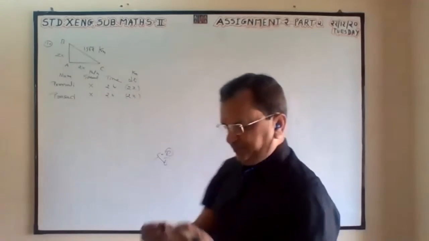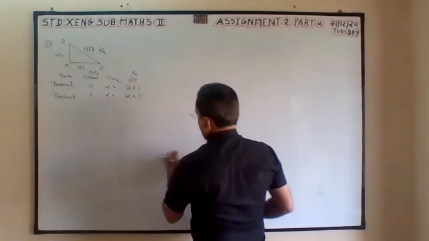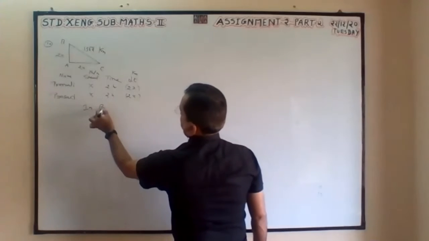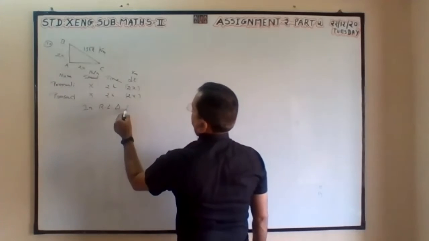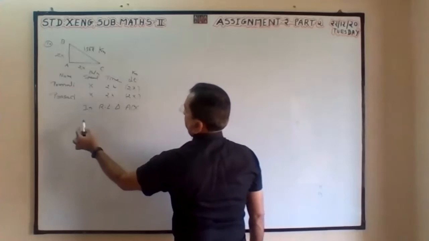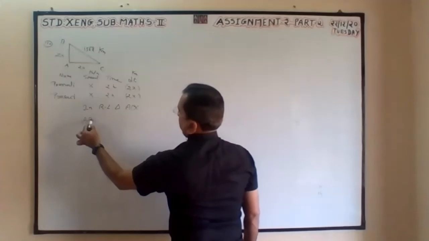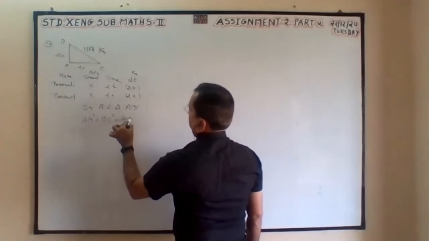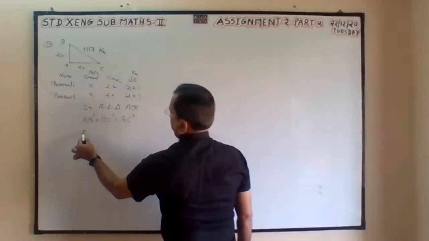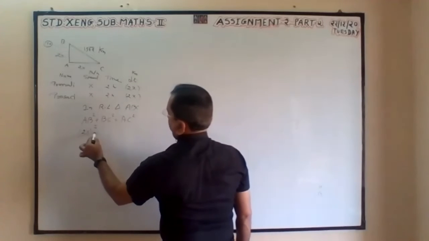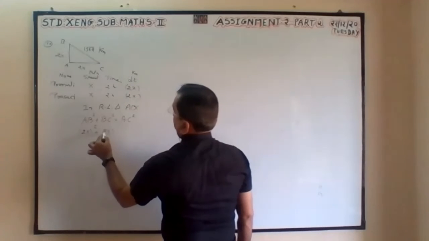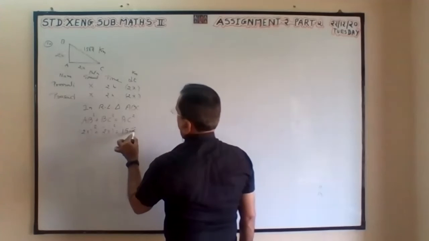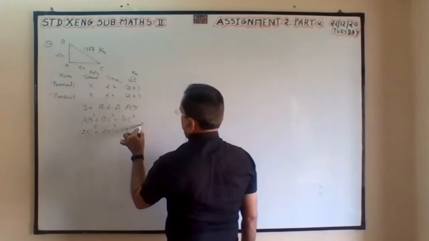So in right angle triangle ABC, AB square plus BC square is AC square: 2x square, 2x square, 15 root 2 square.